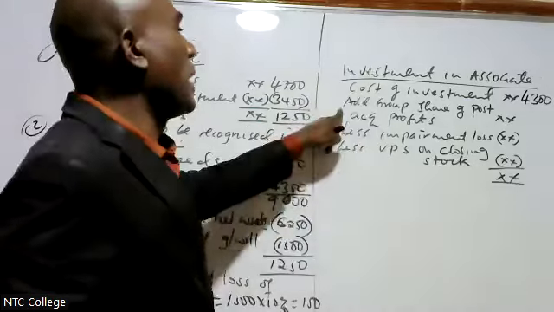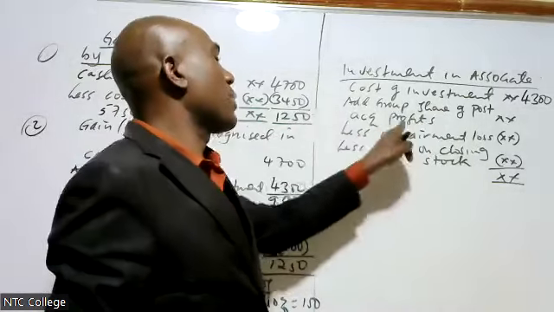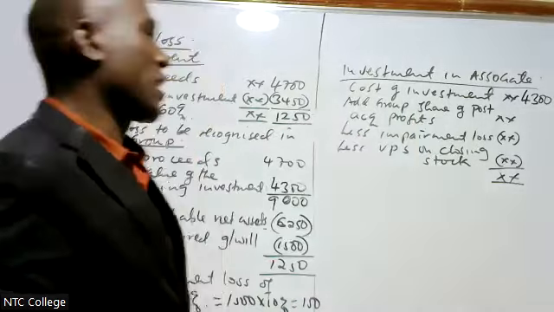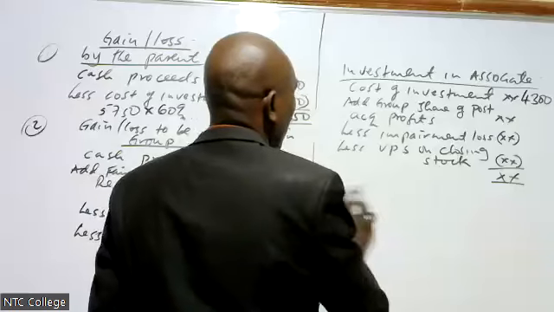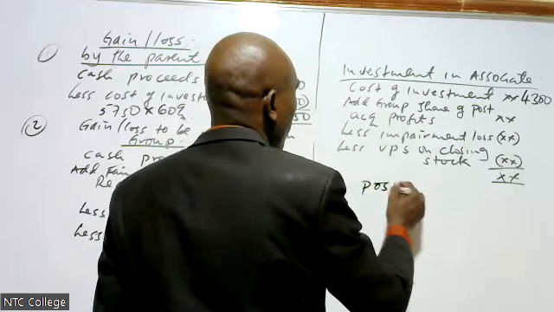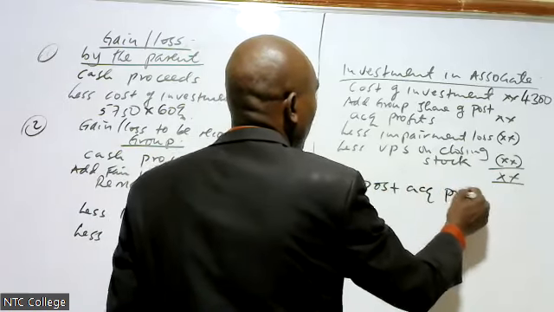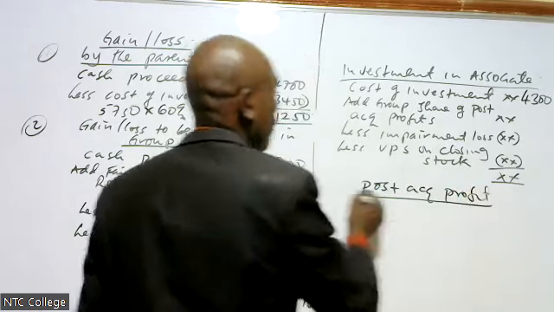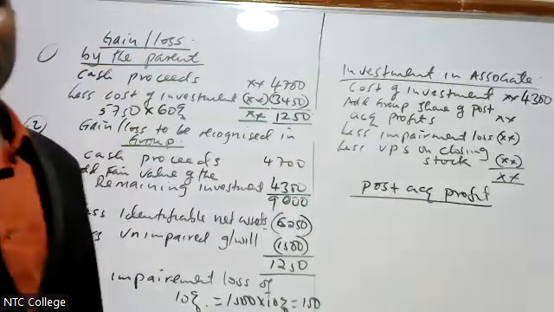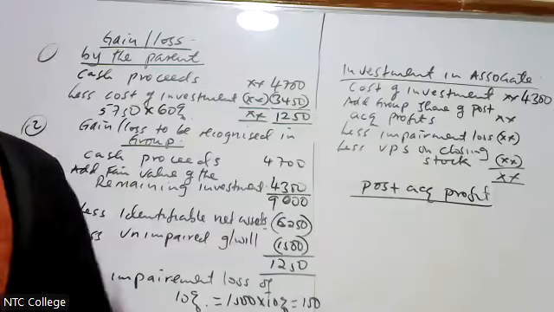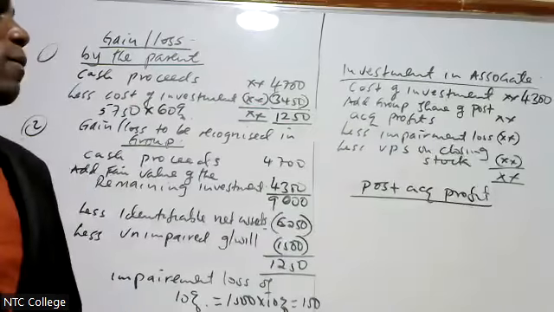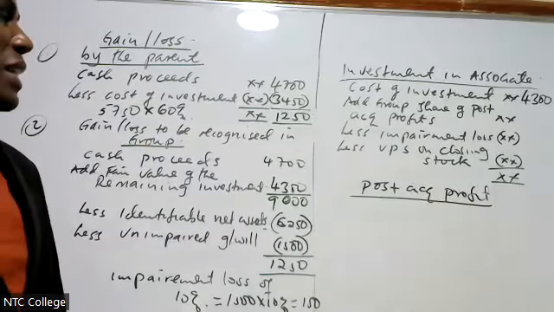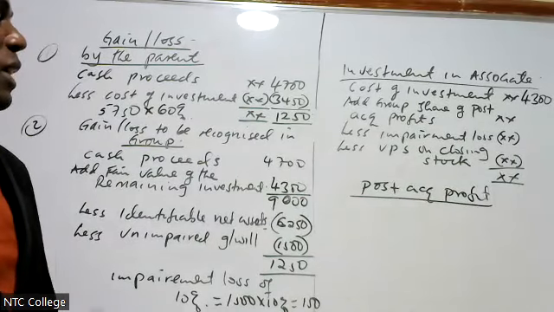Then I add group share of post-acquisition profits. Let me give you the group share of post-acquisition profit in DAF Limited. Now, listen to this, because you might fail to understand it if you don't listen well.